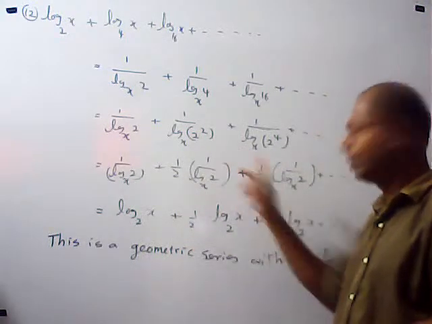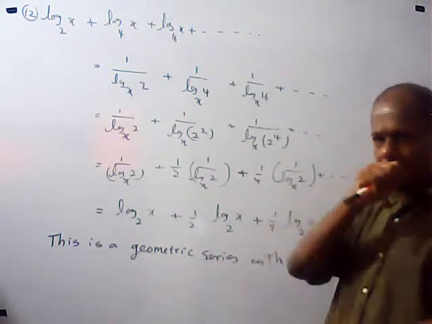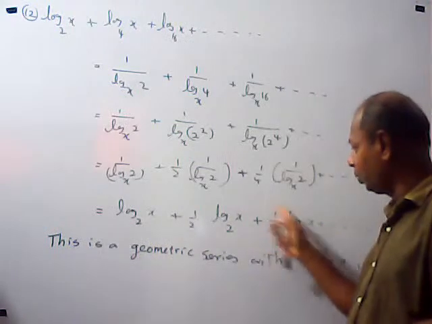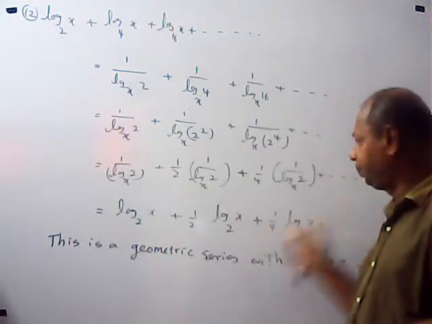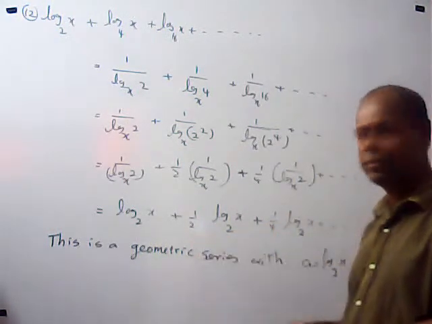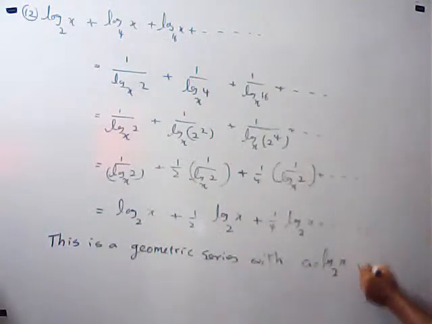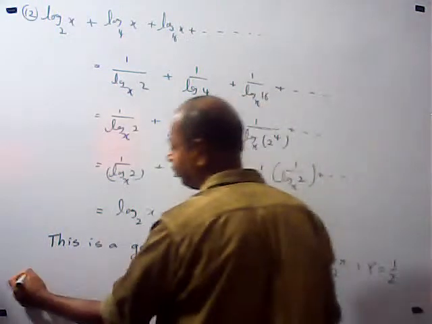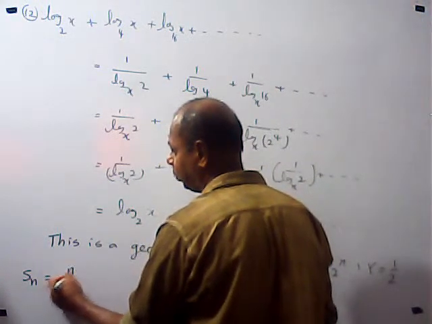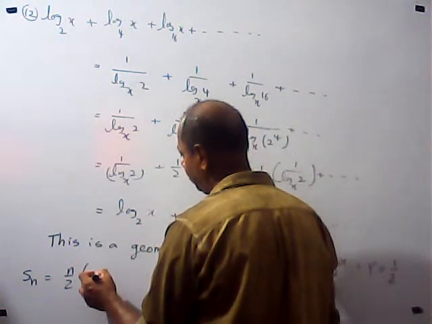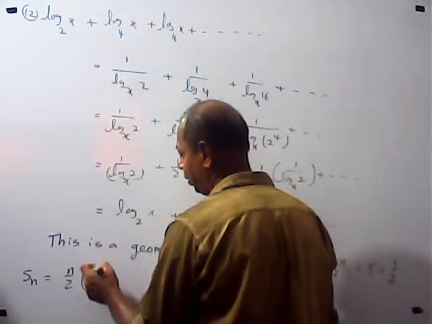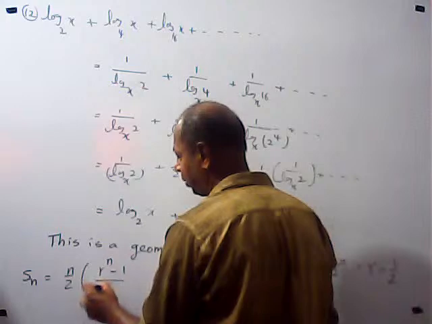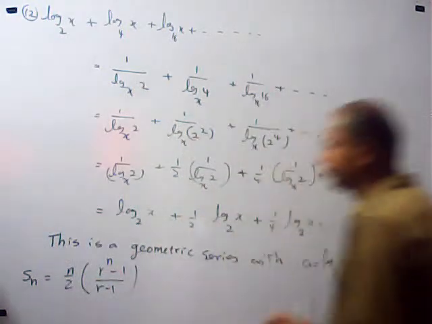This is multiplied by half to get this. So the common ratio is half. R equals half. Now we have to find Sn, which is A times R^n minus 1 over R minus 1. Okay, you try it. Finish it.